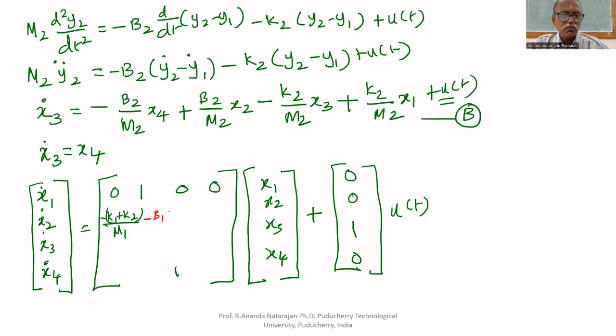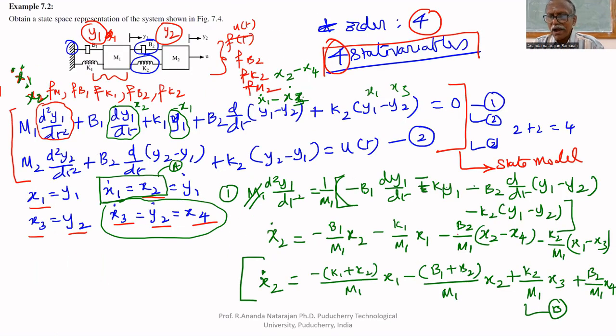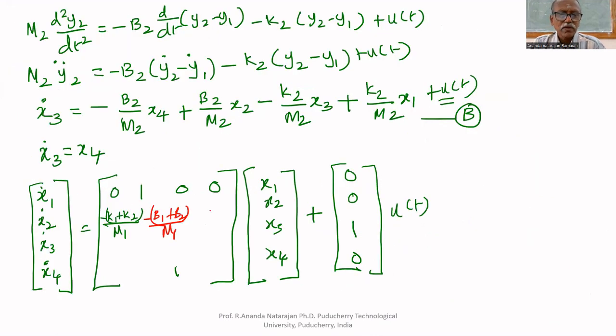This is the second element. Third element, k2 divided by m1. The fourth element is b2 divided by m1.